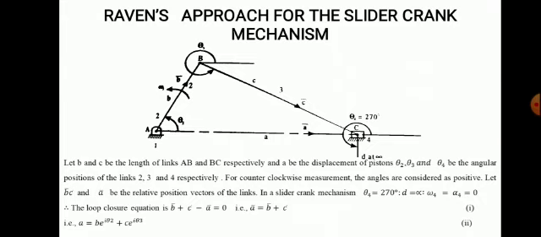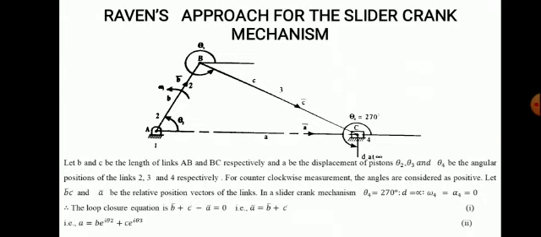The loop closure equation for this: we know that the direction of the vectors b and c are the same, but a is in the reverse direction. Therefore, we can write the loop closure equation b bar plus c bar minus a bar is equal to 0, nothing but a bar is equal to b bar plus c bar.